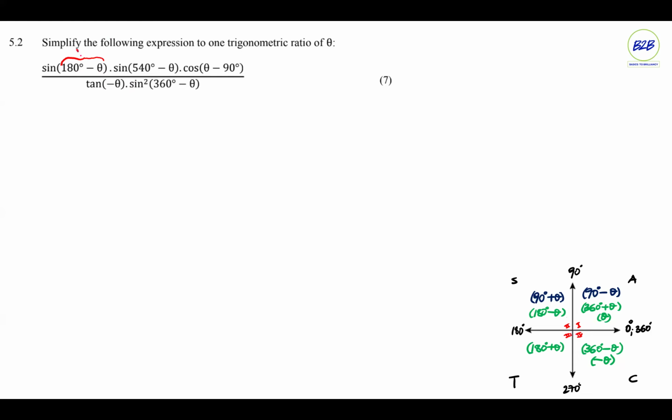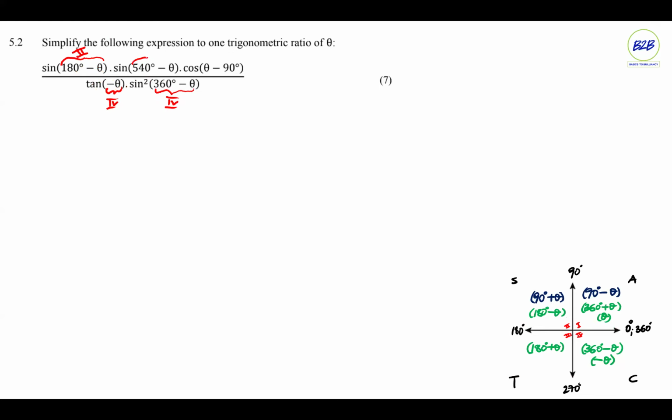It is part of our normal or standard reduction formulae. Similar to negative theta, that is in the fourth quadrant. Also similar to 360 degrees, that is in the fourth quadrant. So those three are part of our normal or standard reduction formulae. So we really don't have to do any busy work there.